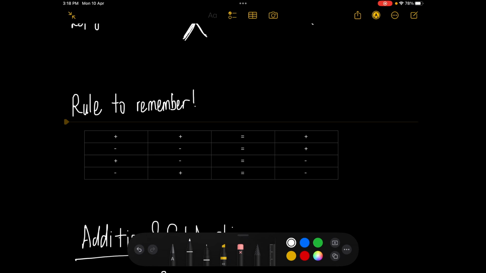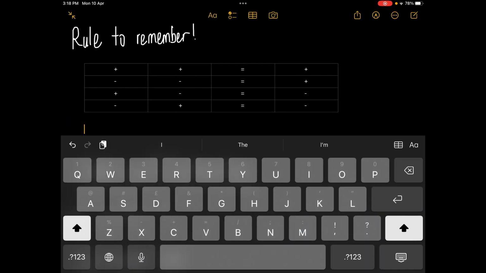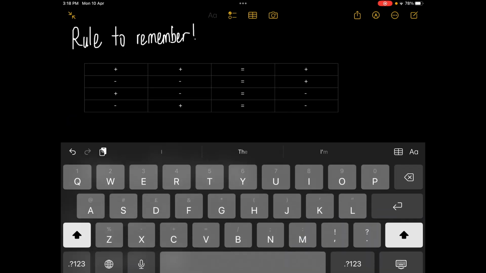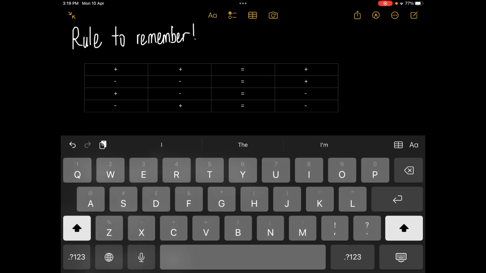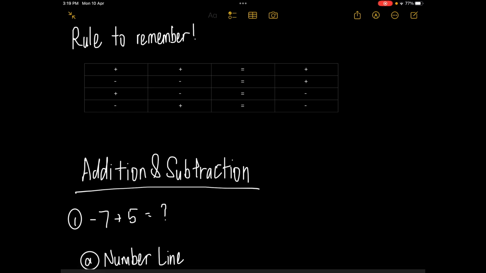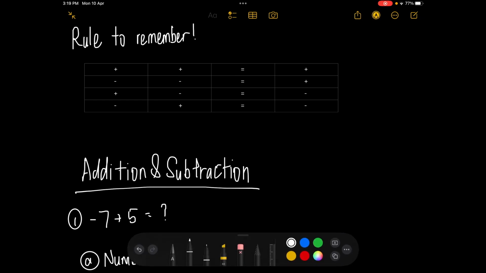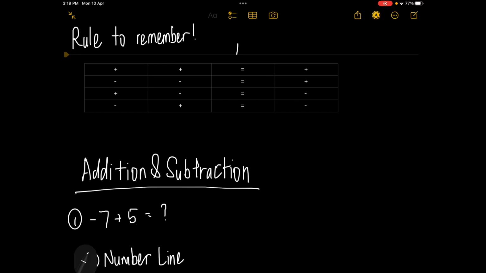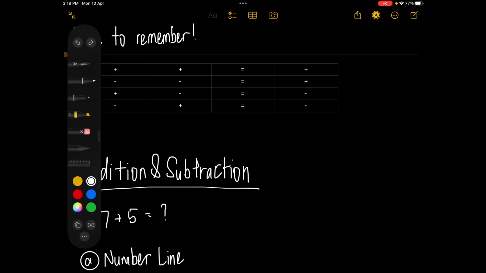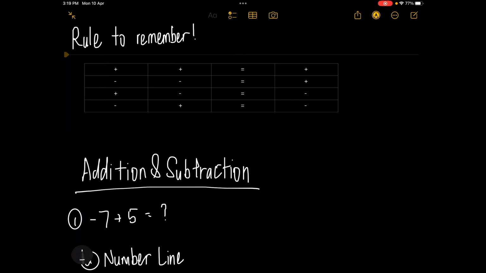Now we are going to see a rule that you have to remember, just have to memorize.